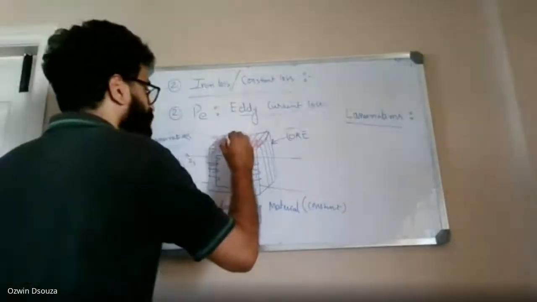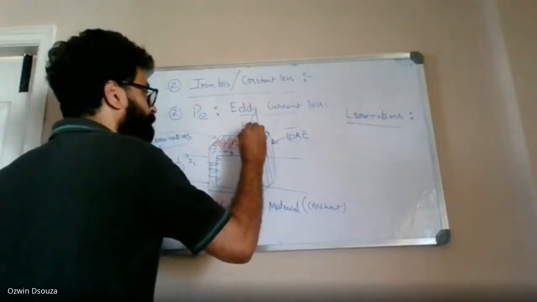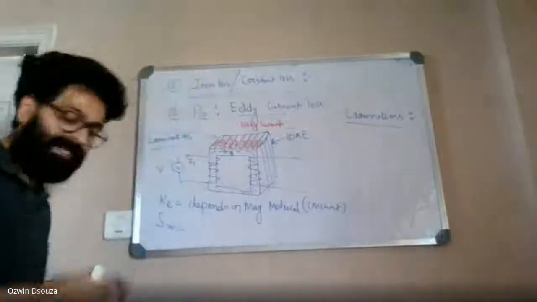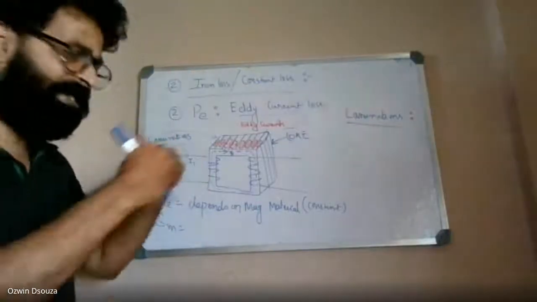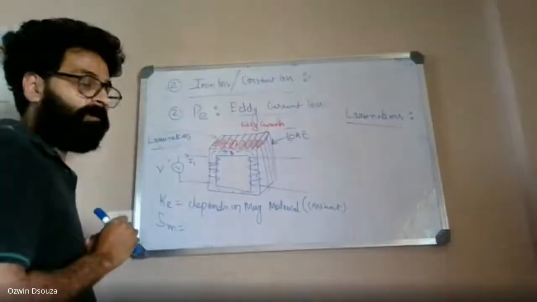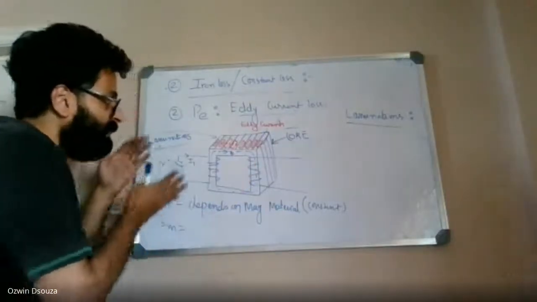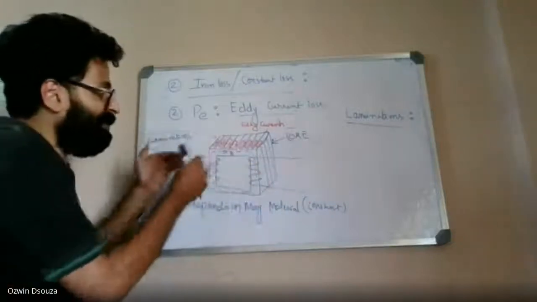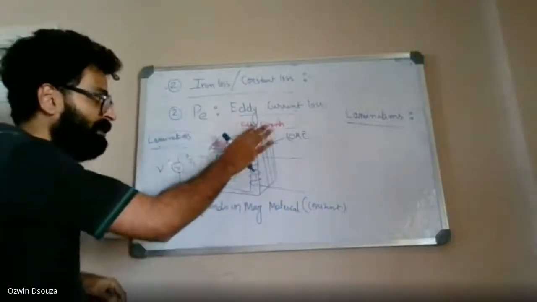So these are your eddy currents. You are limiting the eddy current loss by laminating the transformer core, and by doing the laminations, you are breaking that bigger eddy current into smaller chunks, and those chunks can be shown in this diagram.